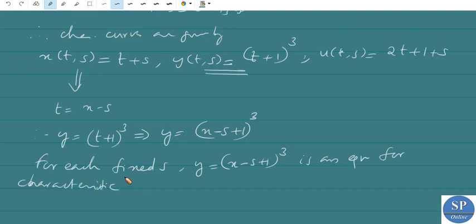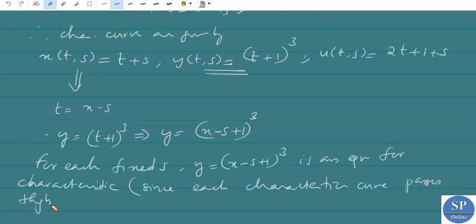Okay. Since each characteristic curve, we know each characteristic curve passes through a specific s.